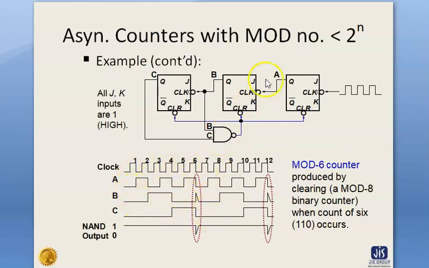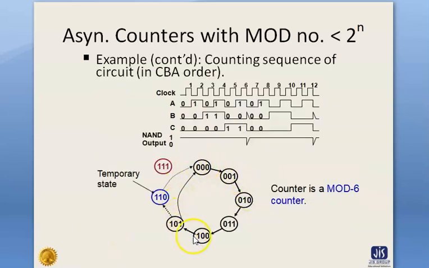This is the timing diagram of this mod 6 counter. The counting sequence will start from 0 0 0, and when the output becomes 1 1 0, it will be forced back to its initial state, that is 0 0 0. So this is the mod 6 counter. This is the state diagram of the mod 6 counter.